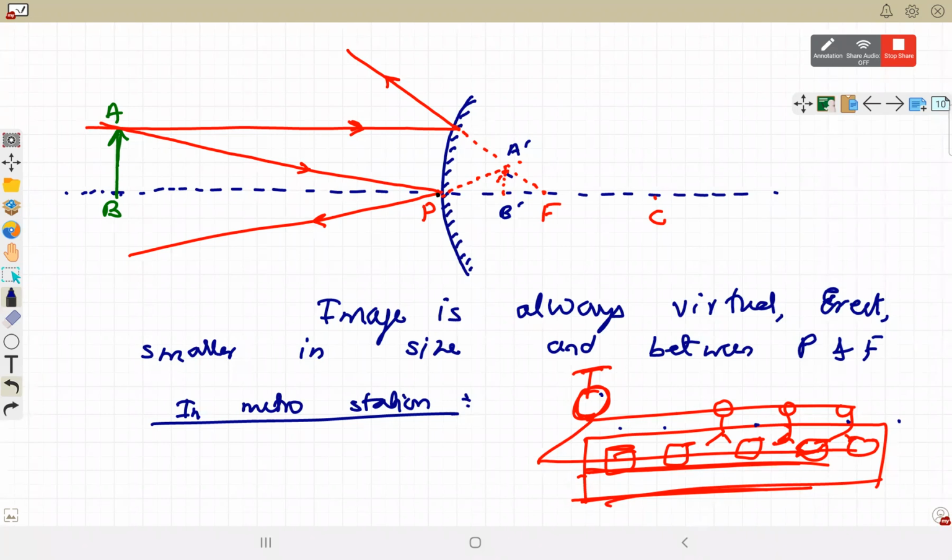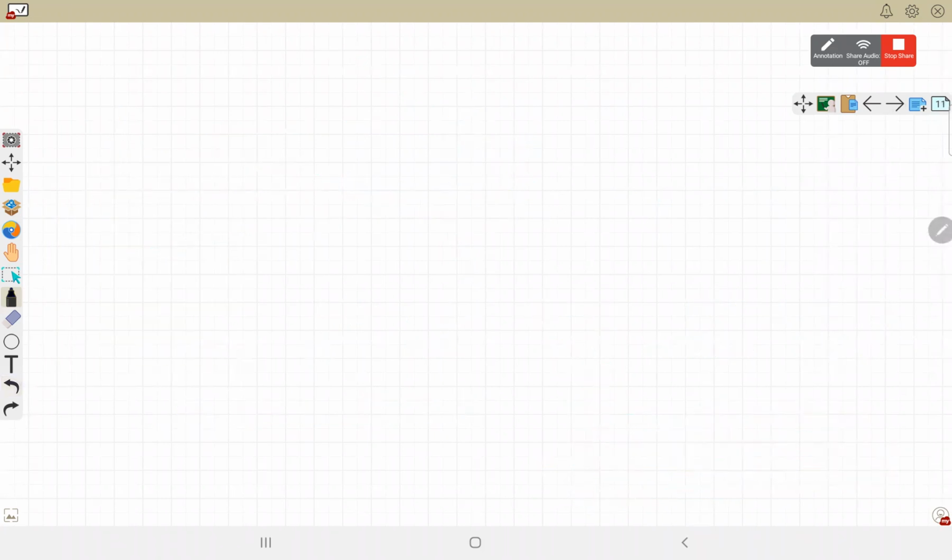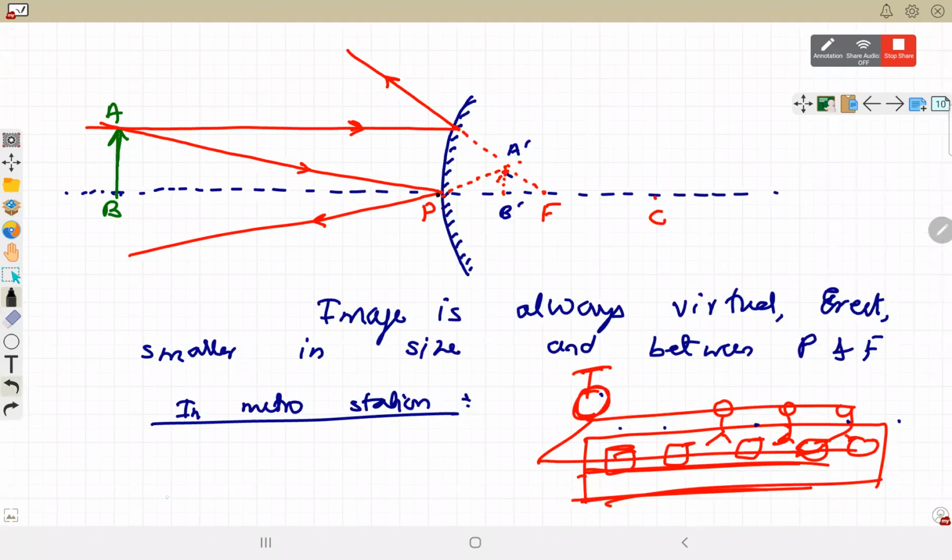Rear view mirror के लिए तो convex mirror है. Oh, convex, sorry. So the convex mirror is for rear view. Okay. And rear view mirror in the metro station, the traffic, anywhere like that.